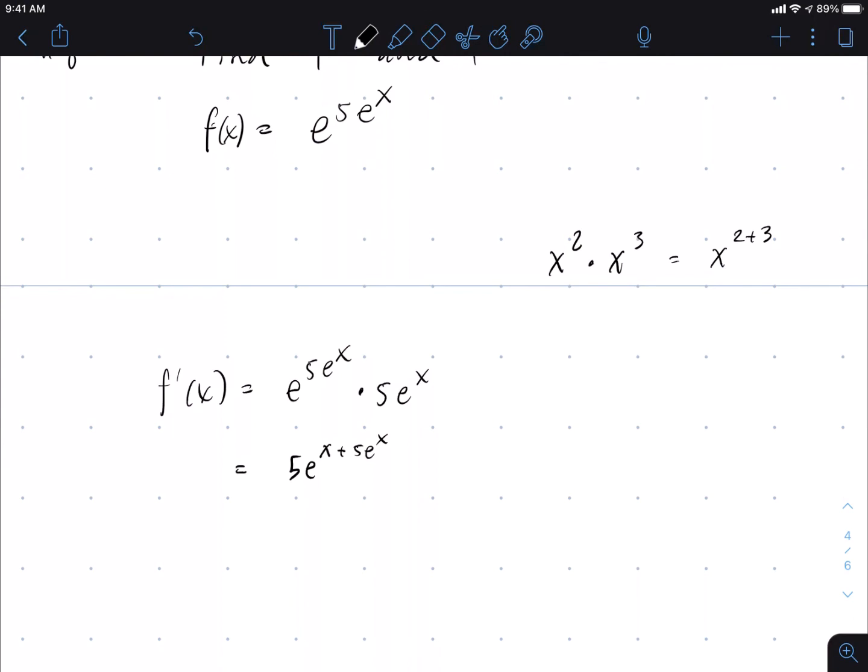So here we have a 5 in front, right? But the base is e. And the two exponents that we have are 5e to the x and x. So you could have written it this way, e to the 5e to the x plus x, which is the same as what I wrote. I just wrote x first. Because you see the exponent here and the exponent here for the same base. So just like we did this, we add the exponents.